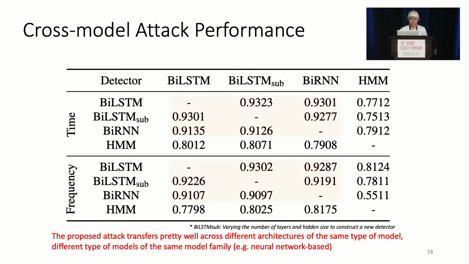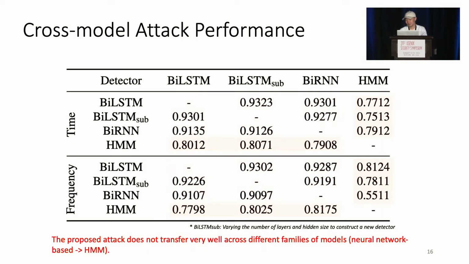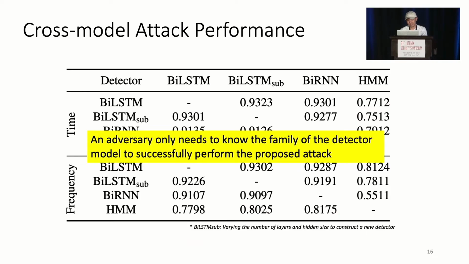It can be seen from the results that the proposed attack transfers pretty well across different architectures of the same type of model, or different types of models of the same model family, for example, the neural network based. But they don't transfer so well between different families of models, for example, from neural network to HMM. So this means that the adversary only needs to know the family of the detector models to successfully perform the attack.